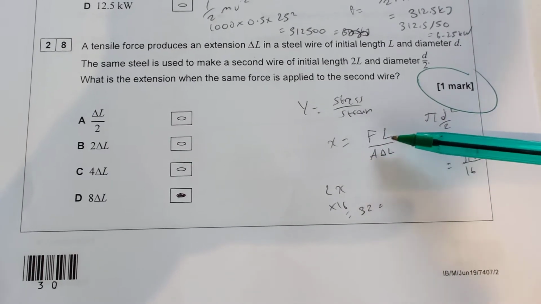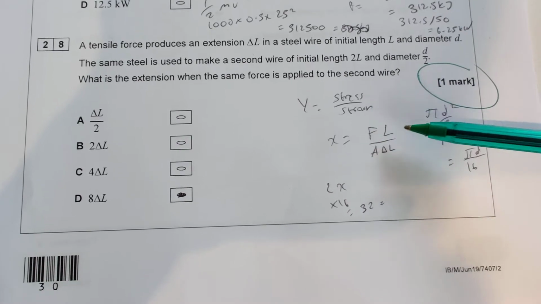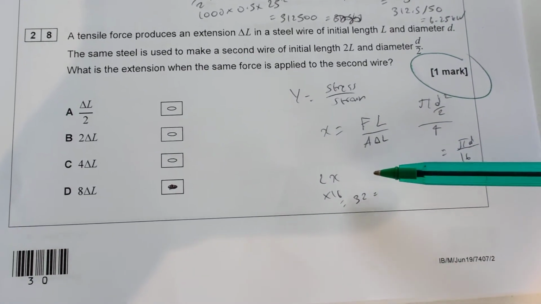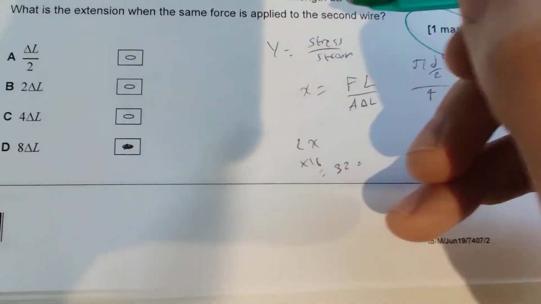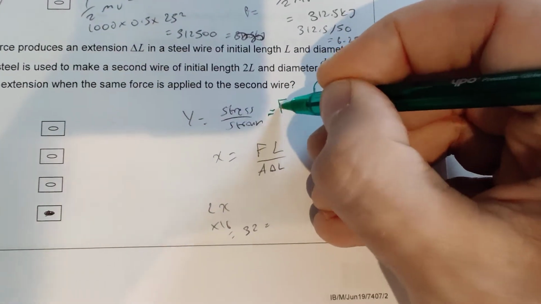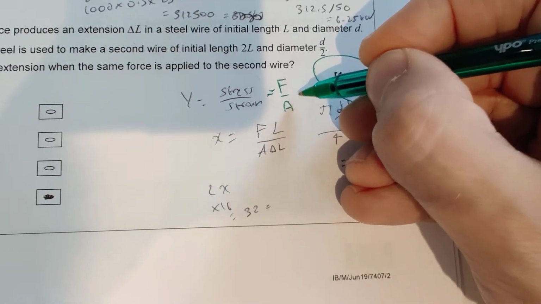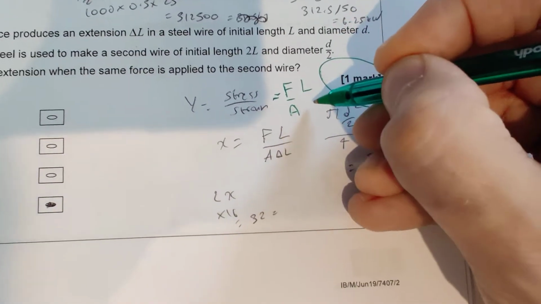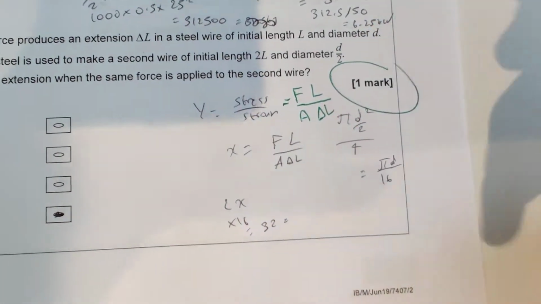And if you substitute in the two individual equations for stress and strain, well, let's just go through it briefly. So if Young's modulus is stress over strain, we can substitute in F over A and delta L over L, but because it's divided by it, we're going to put the L on the top and the delta L on the bottom.